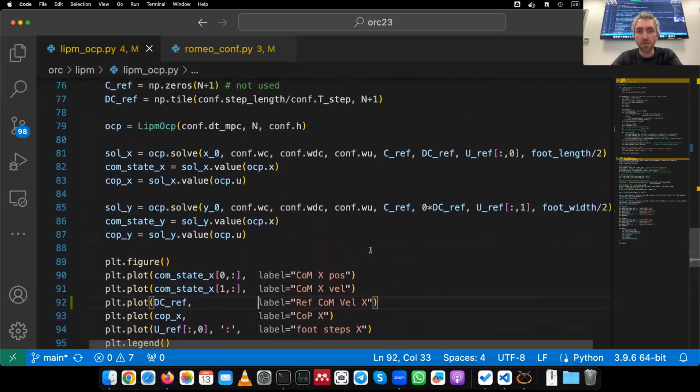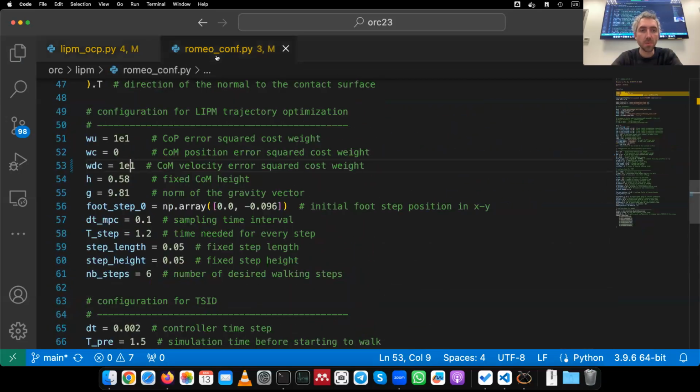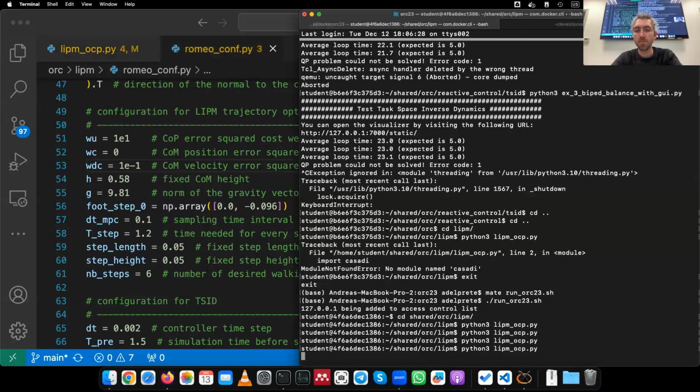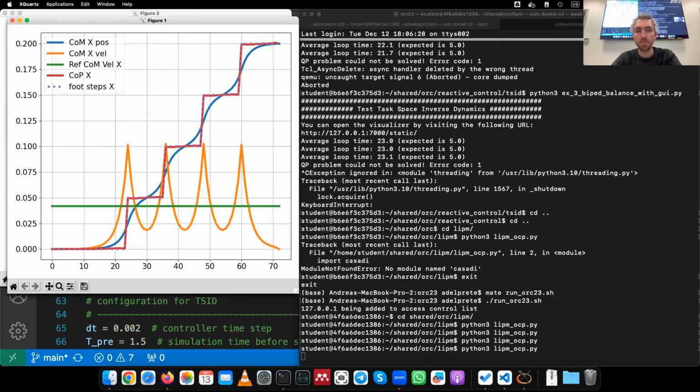Okay, let's see if this works. Well, maybe we can plot this first using the previous weight. Okay, so this green line is the reference velocity, and we can see that the real velocity oscillates above and below it, as I predicted.